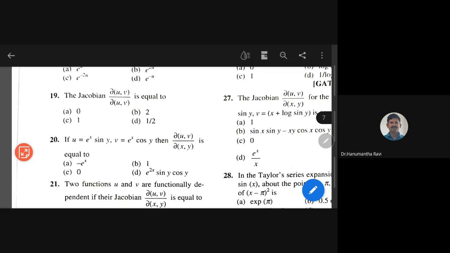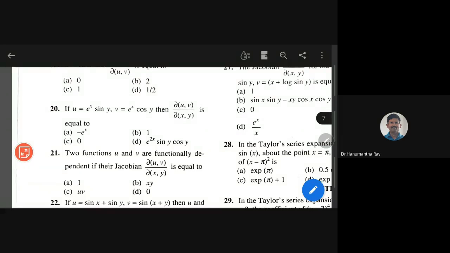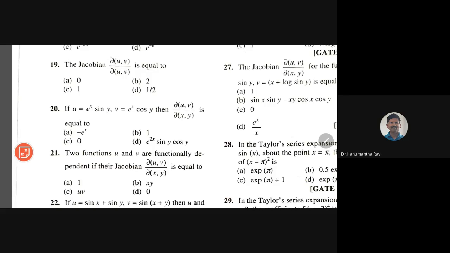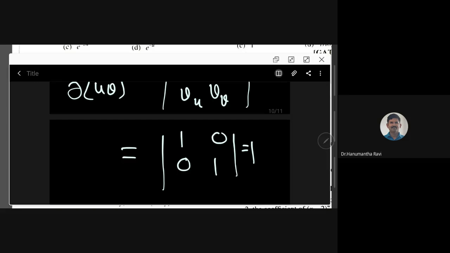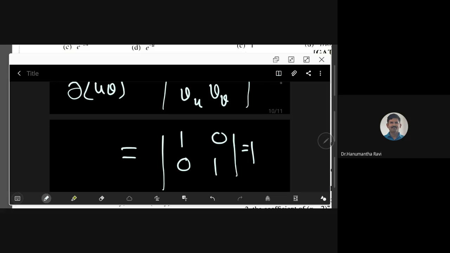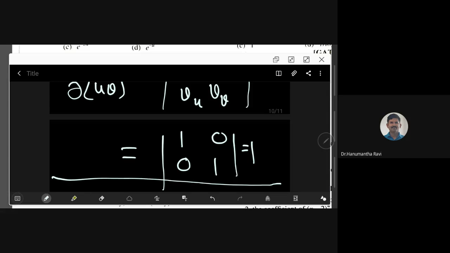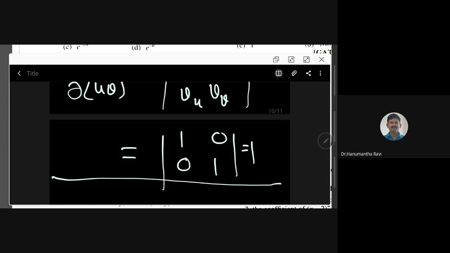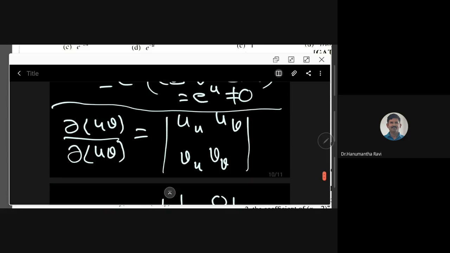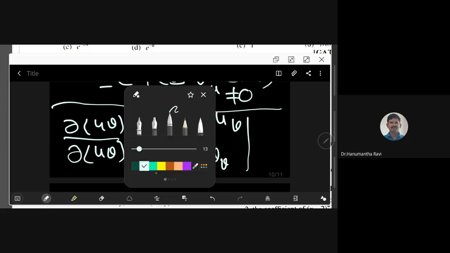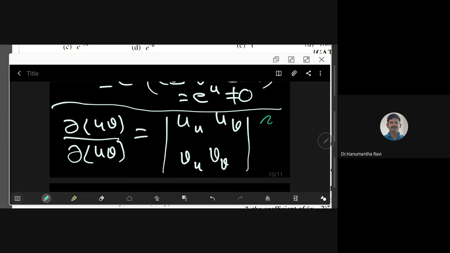Right. Now next we go for the 20th problem. u is equal to e power x sin y, v is equal to e power x cos y. See, one thing we need to remember when you write like that, u is equal to u, v is equal to v.